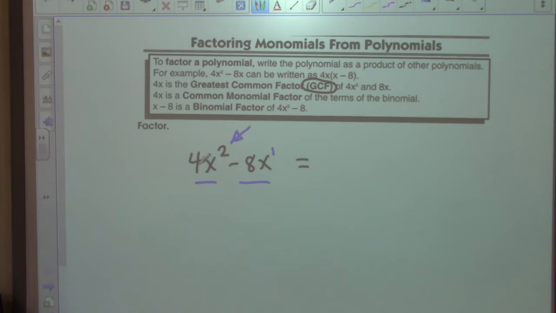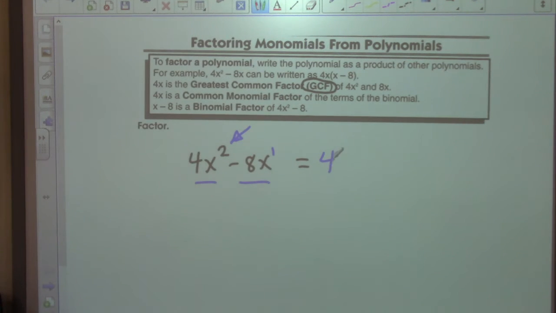You look for the numbers and letters that are in common between these two. If you look at just the numbers, the 4 and the -8, what's going to be in common as a factor between those two? Actually, the common factor between those two is 4, because 4 is a factor of 4, and 4 is also a factor of -8.